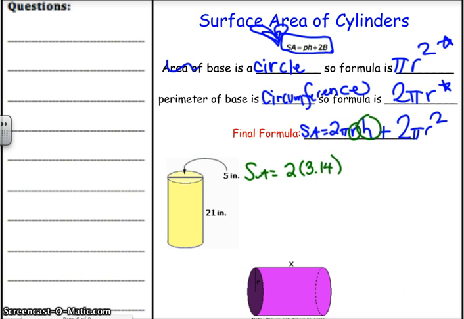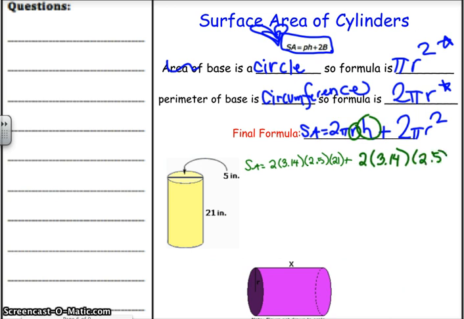If my diameter is 5, what's r? Half of it. Times my h, 21. Plus, I gotta minimize this, it's gonna be a little big. Can you read it? I hope you can read it. Plus 2 times pi times r squared, so 2.5 squared.